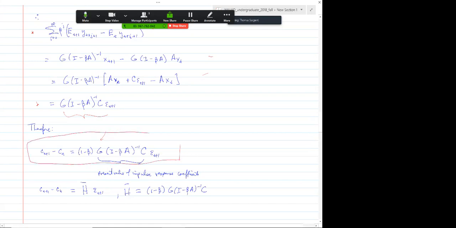This is a very general version of a very important theory of consumption. And what it says is this. This is some big matrix, H, which we just computed, times f_t+1. That's the punchline, where H bar is just exactly that.